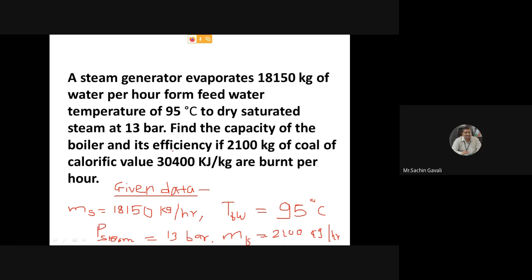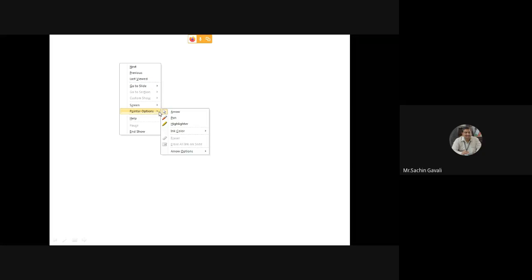Then CV is the calorific value of the coal, 30,400 kilojoule per kg.